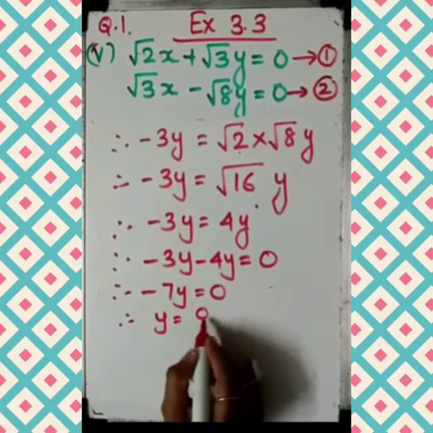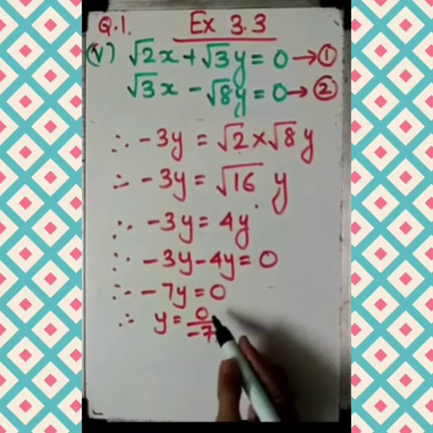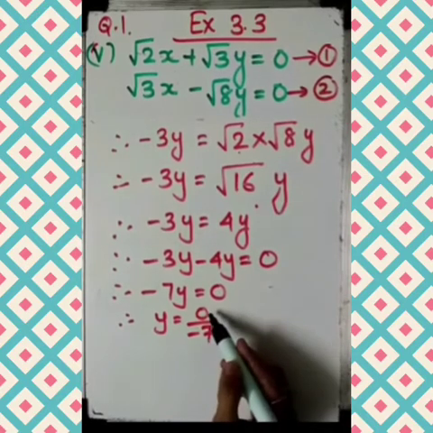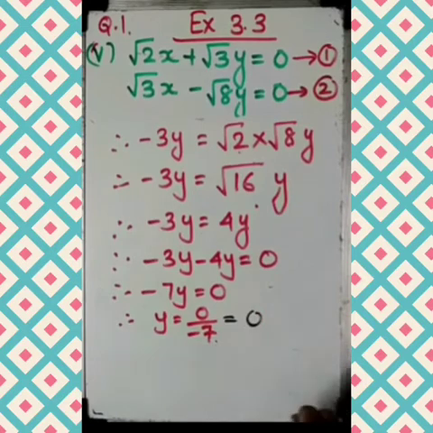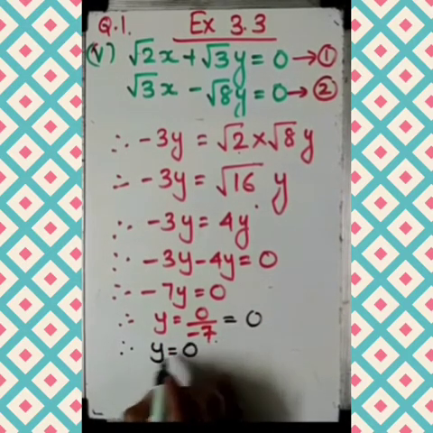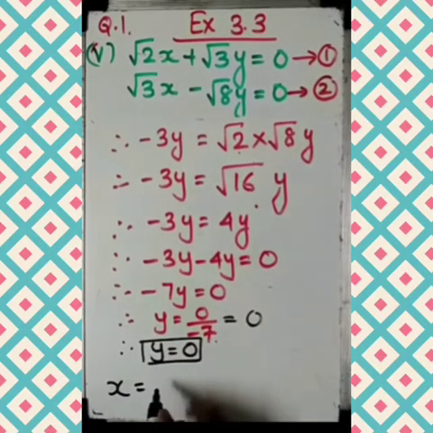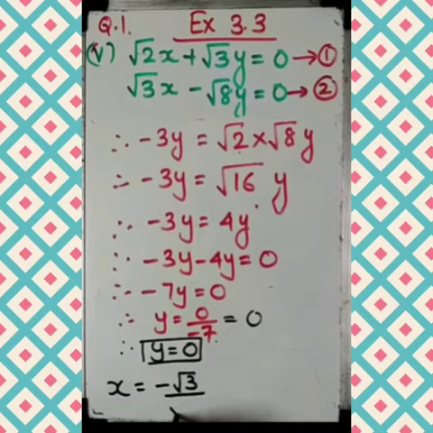Therefore, y equals 0 by minus 7. And all of us know very well, any time we divide 0 by any number, it gives the result 0 only. So finally, the value of y is 0. Now, what was our x, which we found? It is x equals minus root 3 upon root 2 times y.